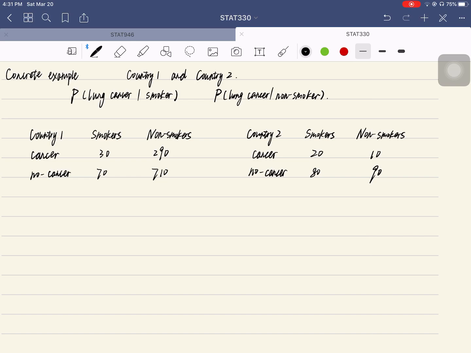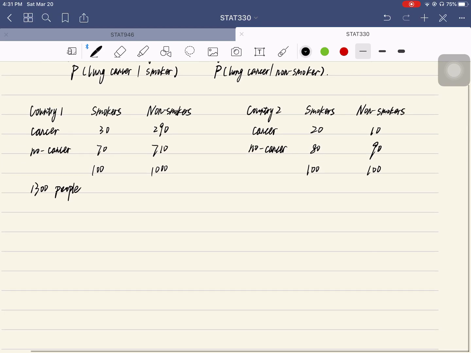From this table, you can see that the smokers in country 1 in total is 100, and the non-smokers in total in country 1 is 1,000, and smokers in country 2 is 100, and non-smokers in country 2 is also 100. So in total, we have 1,300 people.